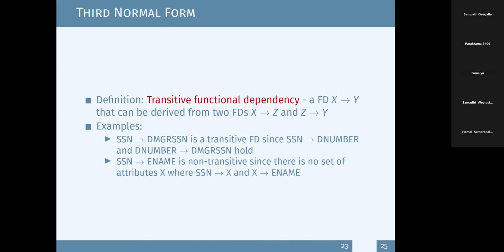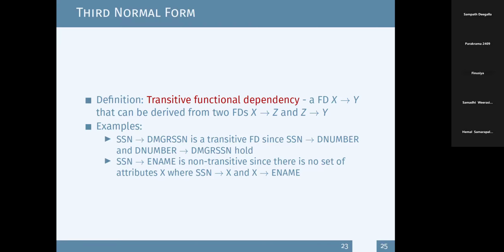If we can find another attribute c, where using x we functionally determine c, and using c we functionally determine y, then we say we have a transitive functional dependency. If there is a transitive functional dependency, then we say the relation is not in third normal form.